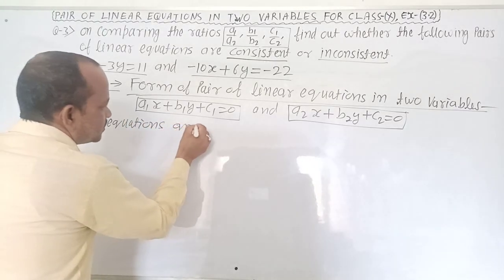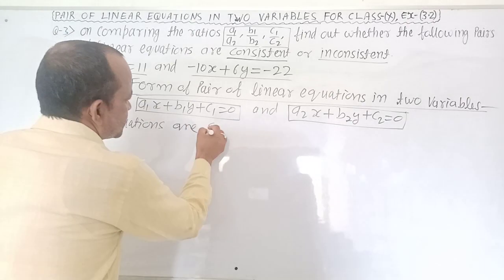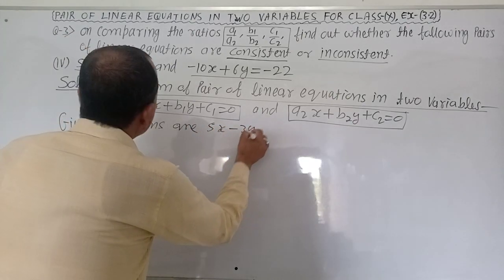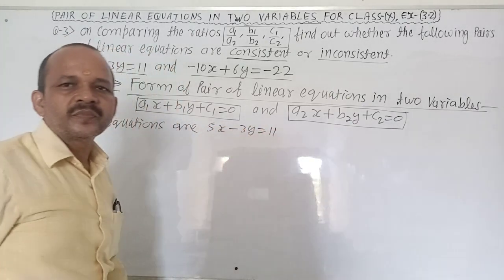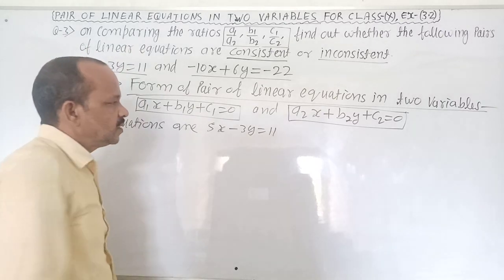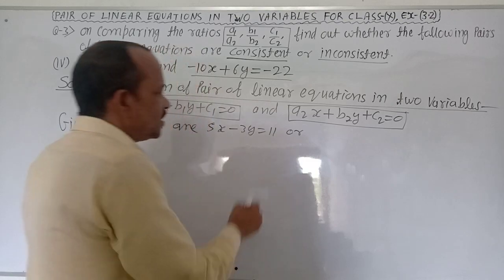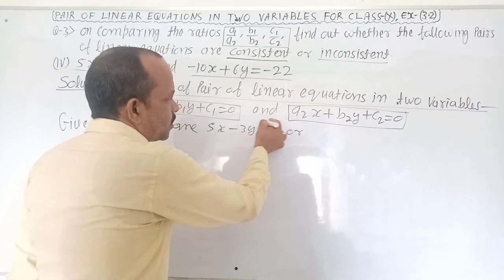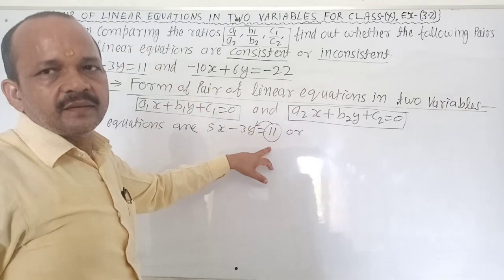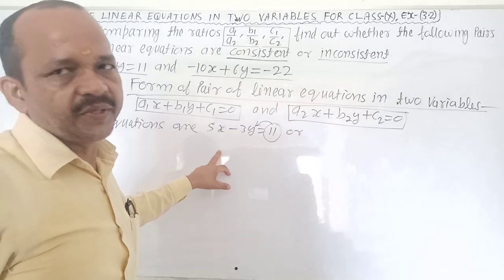Equations are 5x minus 3y equal to 11. Or you can write 11 on the left side of equal.